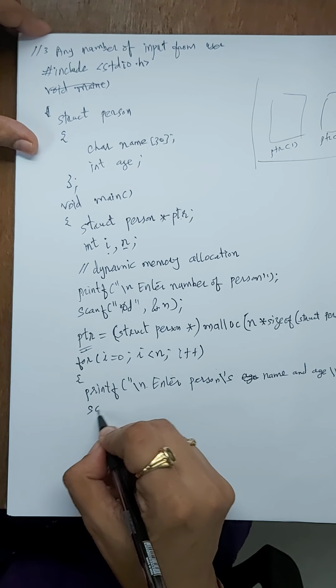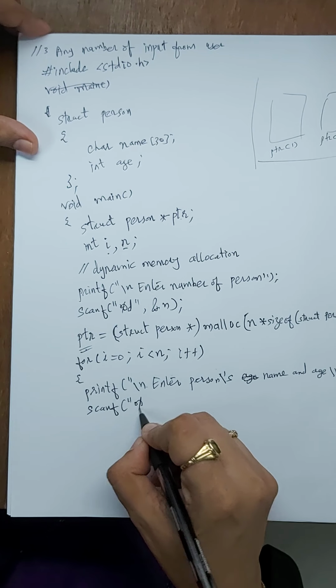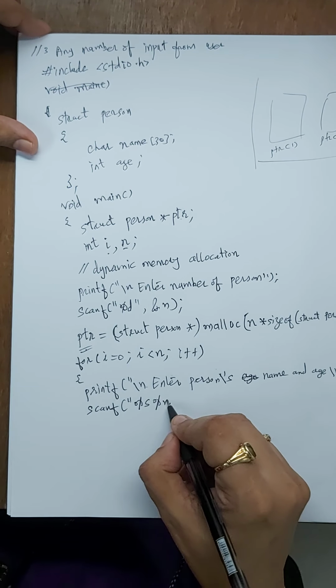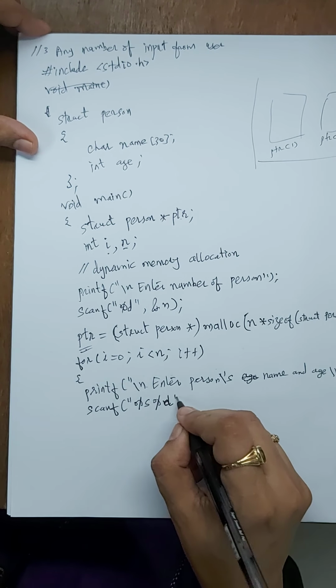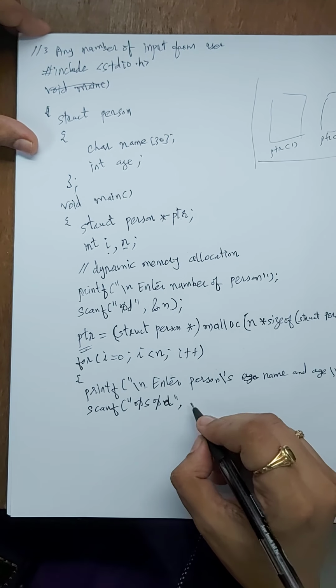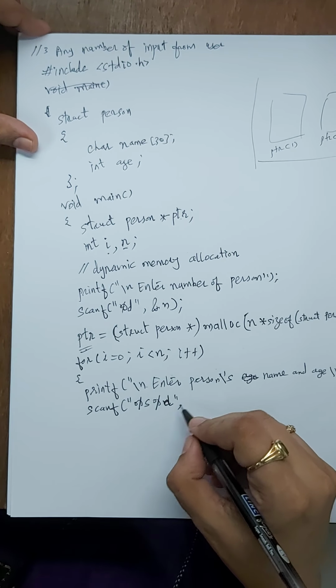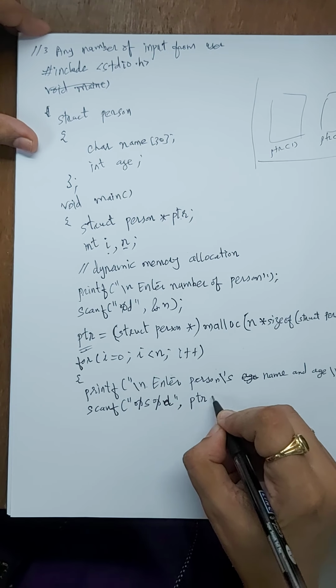And now scanf. For name it is percentage s, for age it is percentage d, right. So percentage s and percentage d. Fine. And now how to read the value? For that, first is the string, so it is ptr.